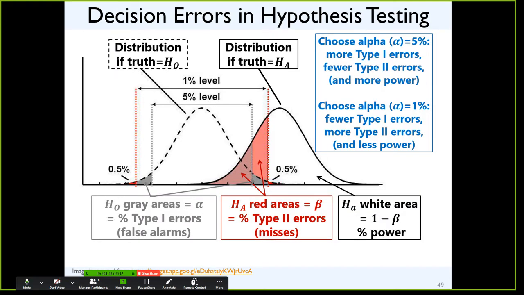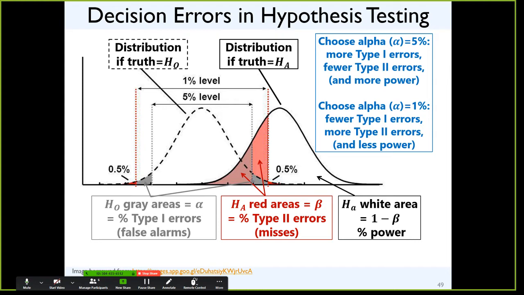Here's a picture that can help clarify the trade-offs here. So if you set an alpha at 5%, then you are willing to have more type 1 errors than if you set your alpha at 1%. You have a bigger realm that you're declaring unexpected. 5% is unexpected versus 1%.